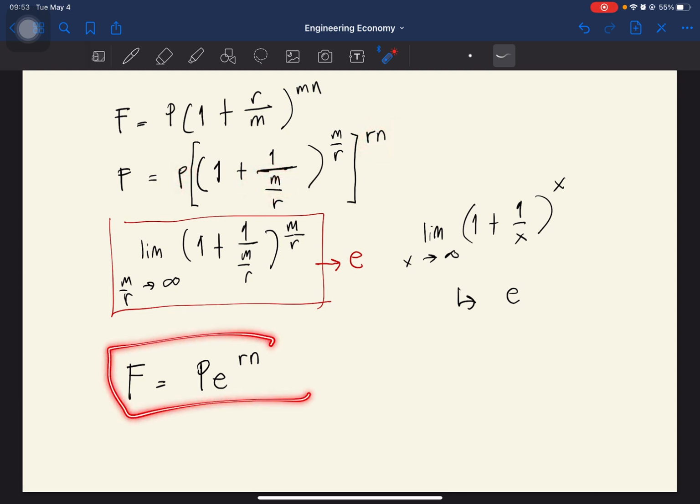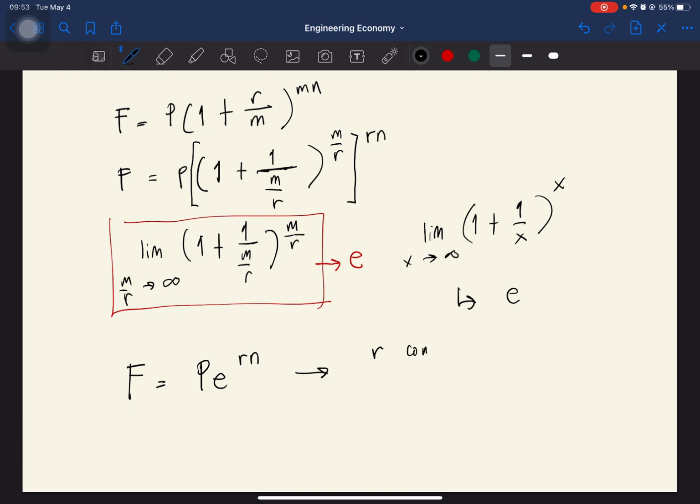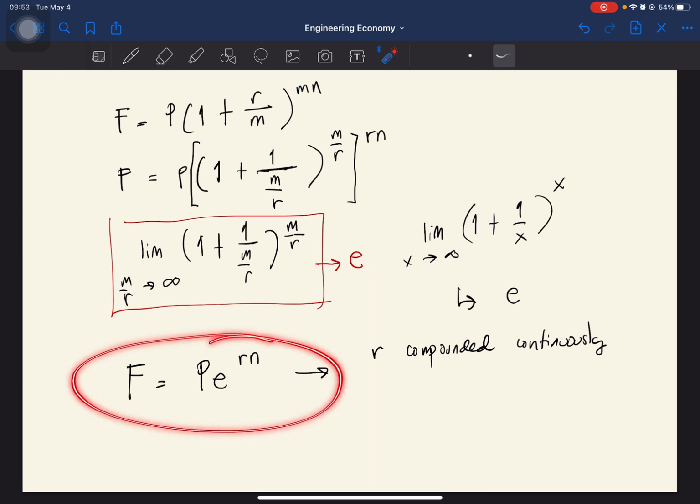Okay, so this is the formula. And ito lang yung formula ang kakabisduhin mo for R compounded continuously, yung ginagamit mong interest rate. Okay? So, gagamitin mo lang tong formula na to if the nominal interest rate is compounded continuously.